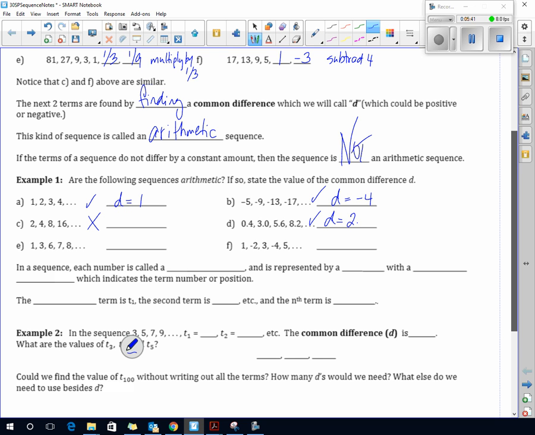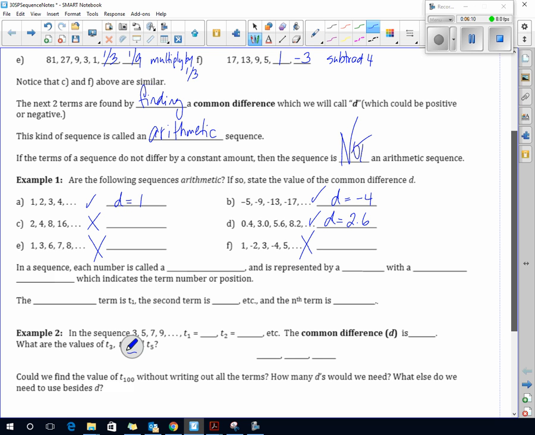How about this one? No. I don't even know what's going on there. How about the next one? It's not.